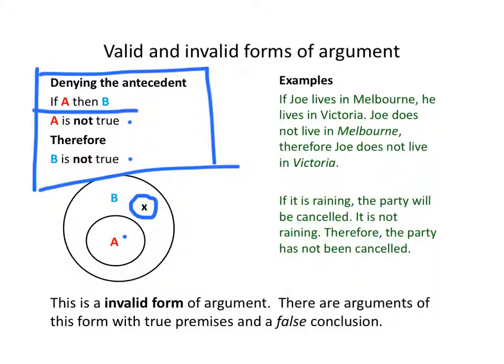That point's not in A, but it is in B. You can also see why this form of argument is not valid by considering examples like this. If Joe lives in Melbourne, then he lives in Victoria. If A, then B. Joe does not live in Melbourne. A is not true. Therefore, Joe does not live in Victoria. Therefore, B is not true. Well, that conclusion doesn't follow because, of course, Joe might live in one of the other cities in Victoria.